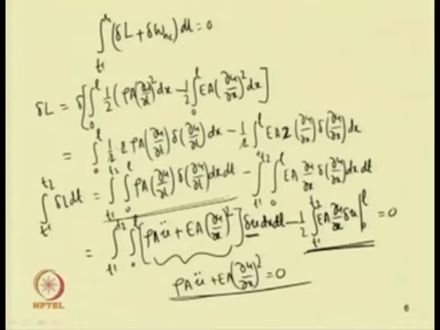derive this term again. So, that is the integration from T1 to T2, in 0 to L, half rho A u dot squared.